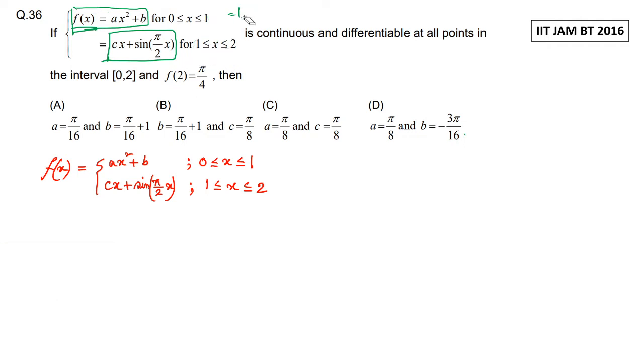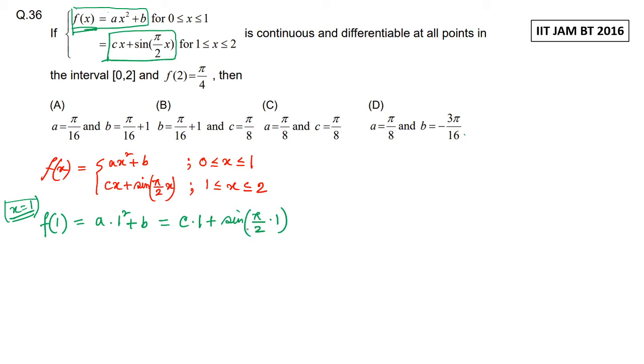So from these two, we can write f of 1 equals a into 1 square plus b, that is in place of x, we are putting 1. So for x equal 1, f of 1 equals a into 1 square plus b equals c into 1 plus sine pi by 2 into 1.